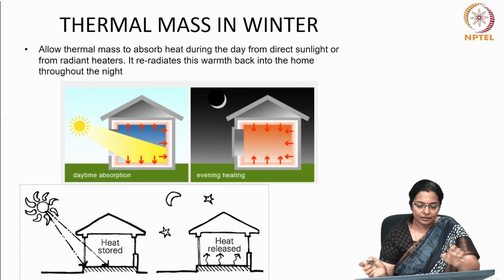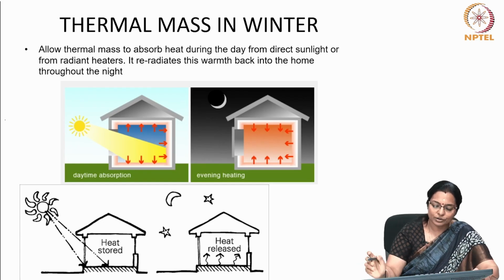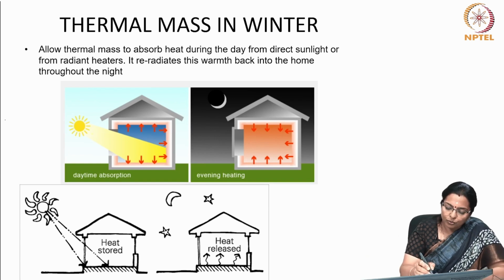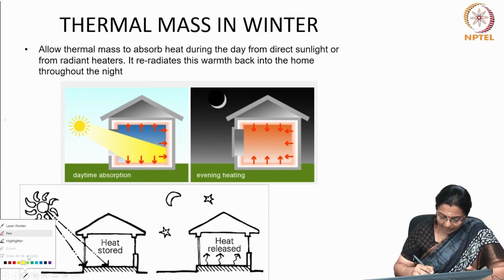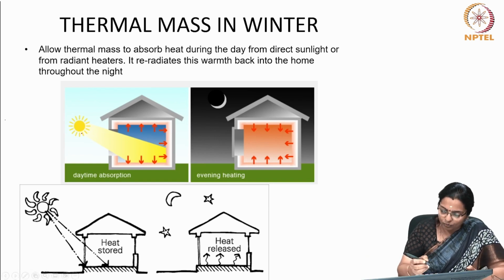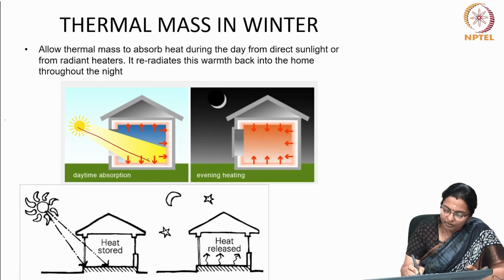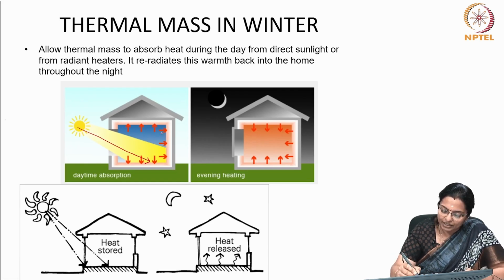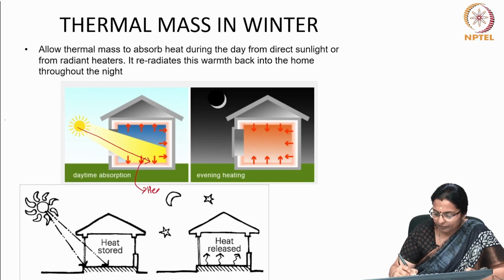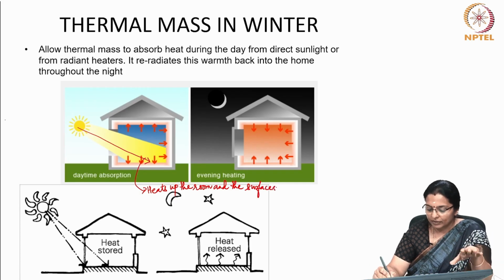So, in winter, how can you use thermal mass? You allow the solar radiation to enter the house. This solar radiation heats up the room and the envelope or the surfaces, which is basically the wall and the floor.